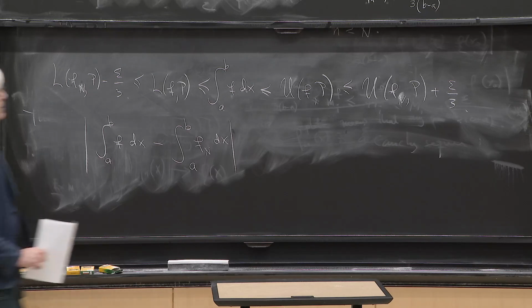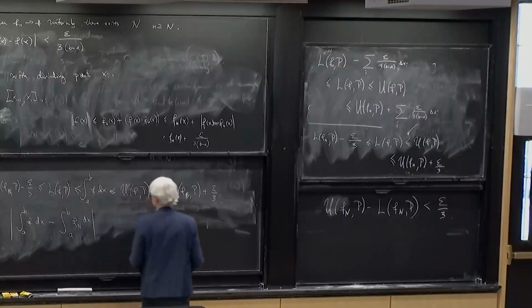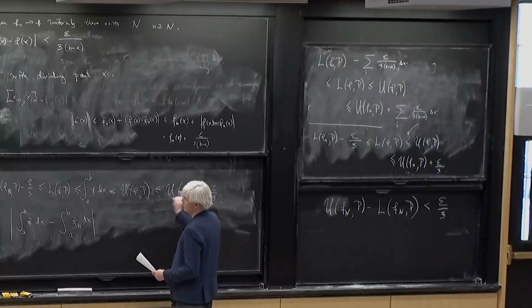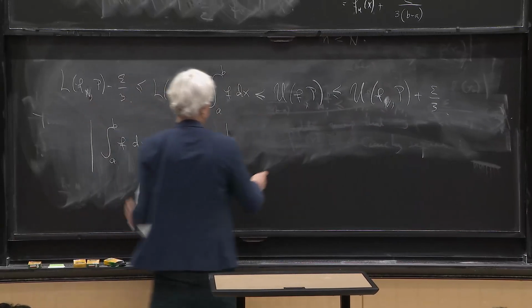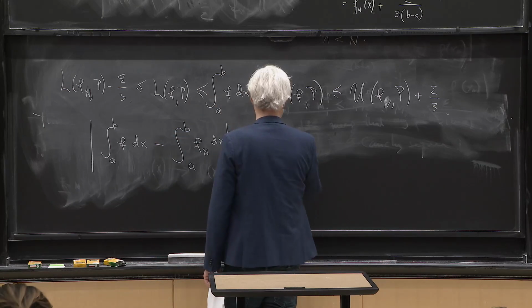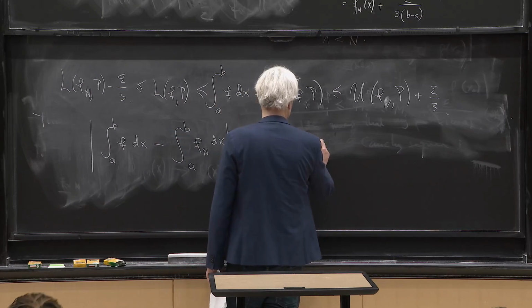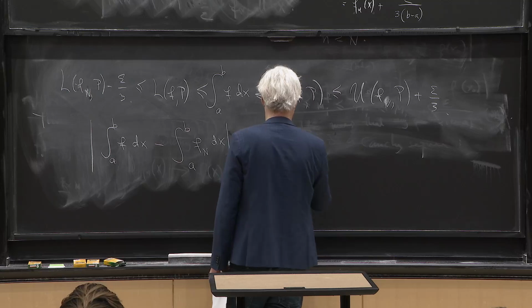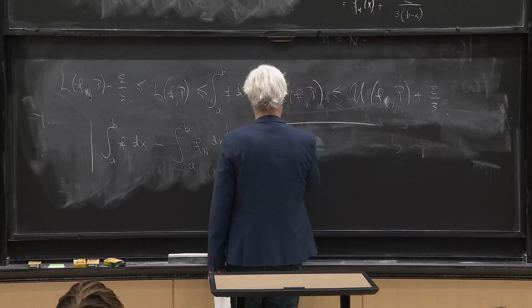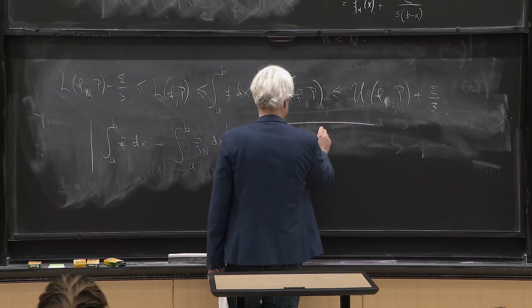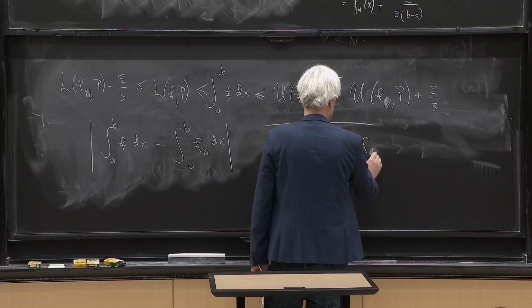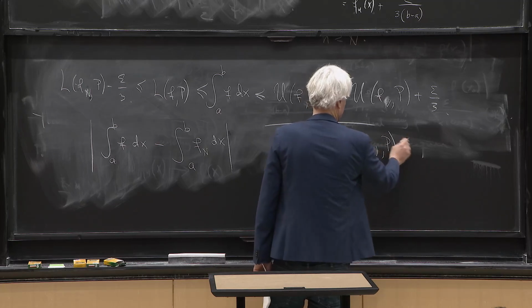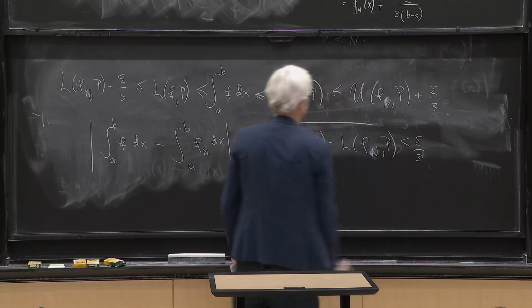When I choose my partition, I choose it so that this thing minus this lower sum for this capital N is smaller than epsilon over 3, right?